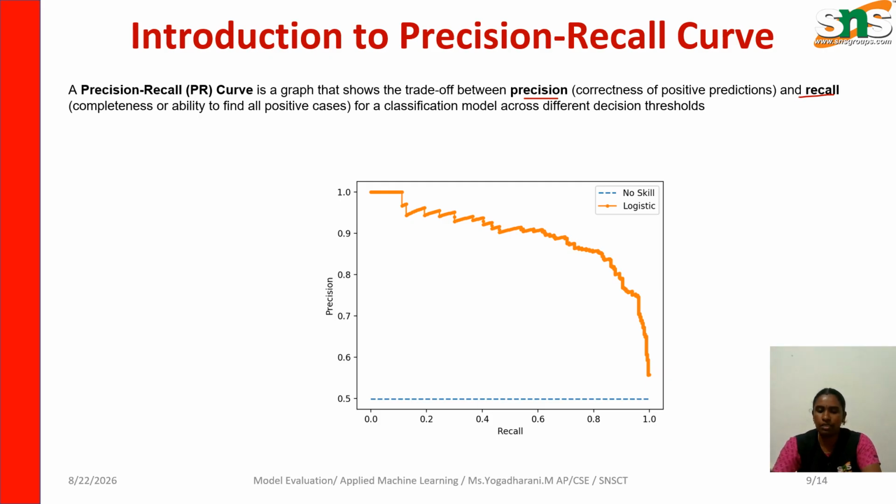The graph helps us understand how precision changes when recall changes. For example, if our threshold changes from 0.5 to 0.7, the number of positive predictions changes. As a result, precision and recall also change. We plot these values to understand the model performance.